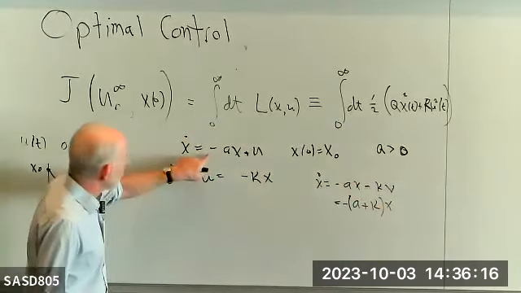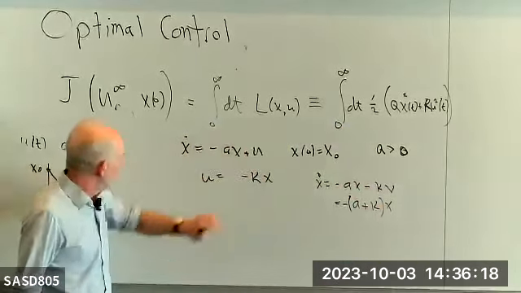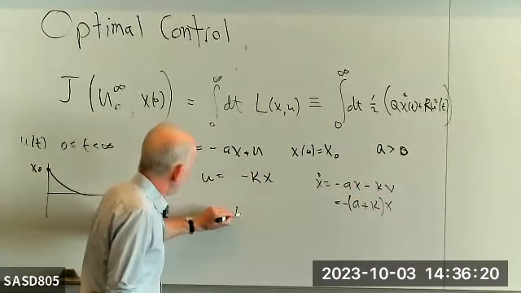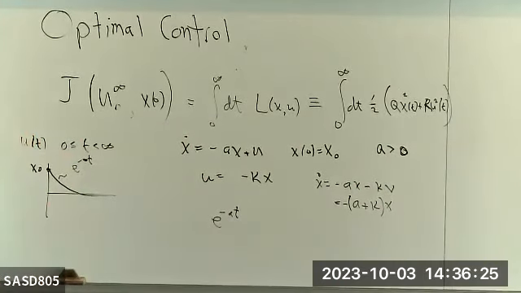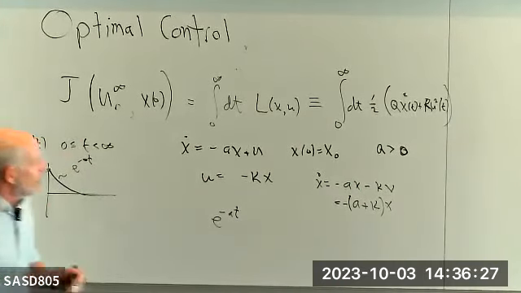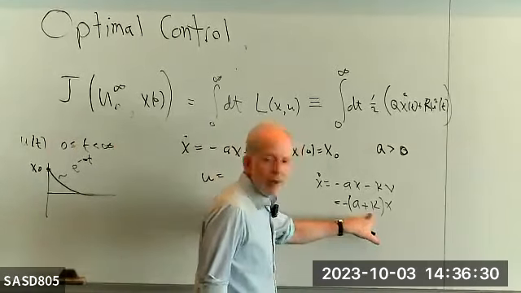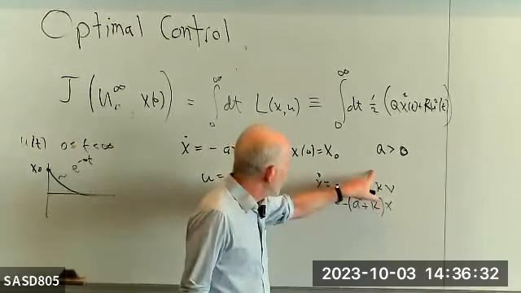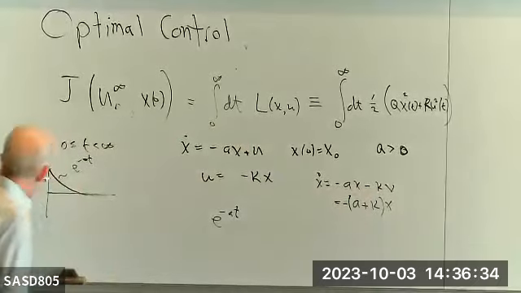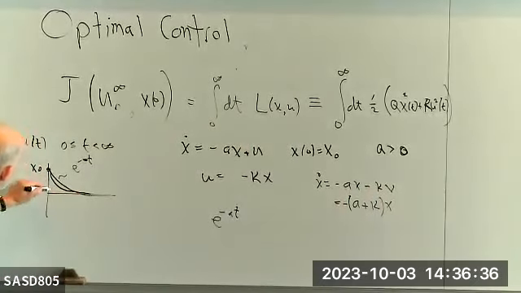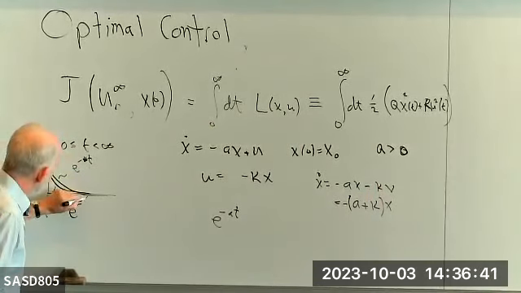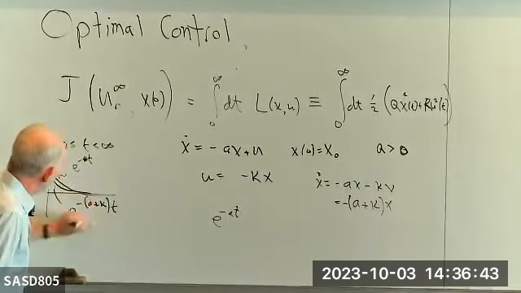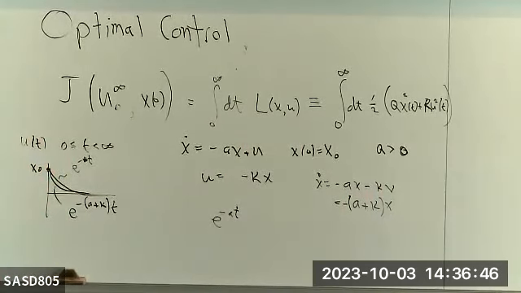So you can see that this system, if we didn't have u, will decay at e to the negative at. But we have the option of adding in some feedback with gain k, in which case this will decay as e to the negative (a plus k)t. So this will make it decay faster and go back to 0 faster.